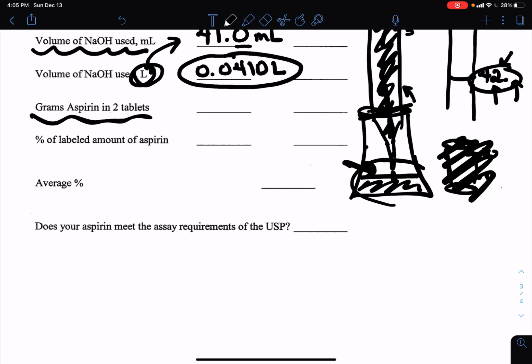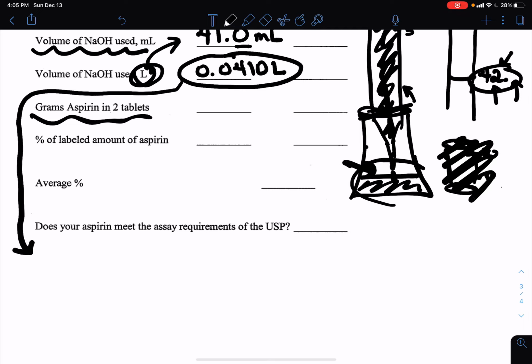Don't write my answers for your answers because you will have different answers. I'm just showing you the process. So we've got 0.0410 liters of NaOH.